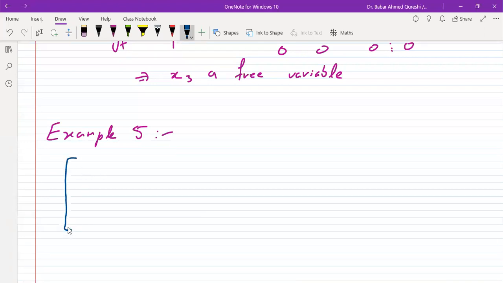So I'm already writing the system in reduced echelon form, and this is what I get.